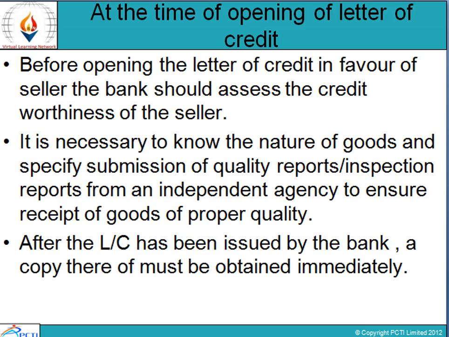Submission of the quality reports or the inspection report becomes very essential, and it needs to be done with the help of an independent agency so that a proper receipt of goods and proper quality of goods is ensured. Third, once the letter of credit has been issued by the bank, a copy of it must be obtained immediately.